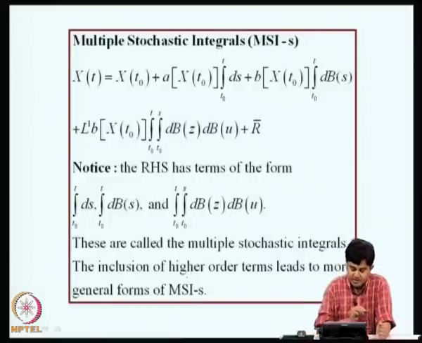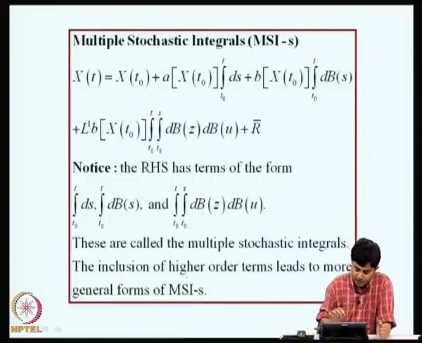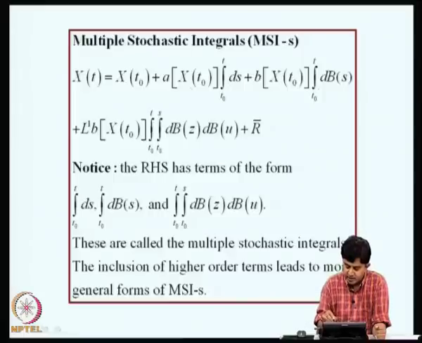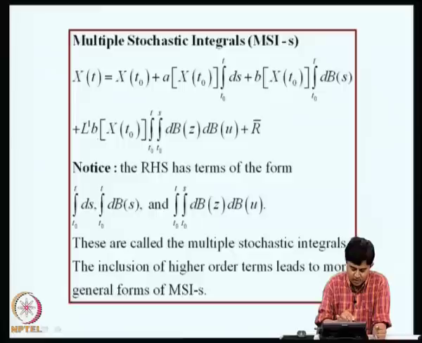But what is important to note here is, if we focus attention on the expansion at the second term level, I have x of t naught plus a into t naught to t ds plus b into t naught to t dBs plus L1 b into a double integral t naught to t, t naught to s dBz dBu. Now, the right hand side has these integrals t naught to t ds, t naught to t dBs and this double integral.